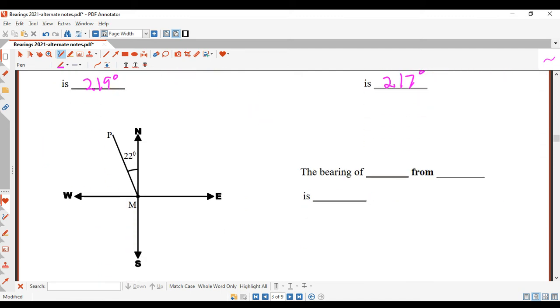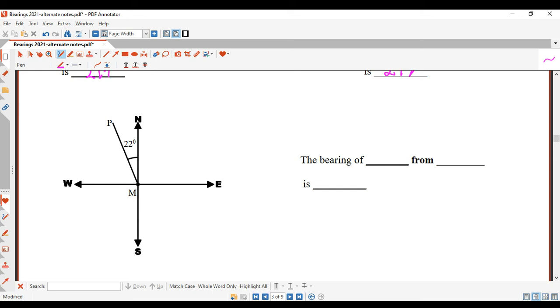All right, let's try another one. You can pause the video if you like and have a go at this one. So this is the direction we're describing. You are standing here. The direction is from M. So we're describing the direction of P from M. Now you need the clockwise angle from north.